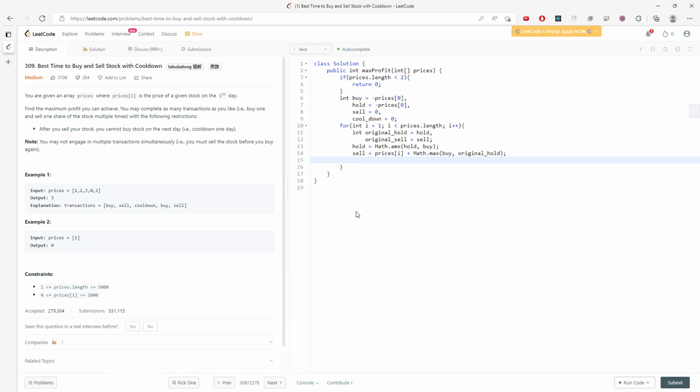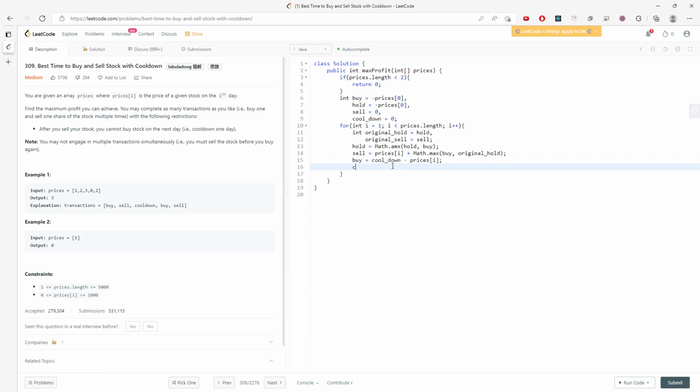And then what else? For the buy, now you can talk about the buy, because this is supposed to be an update for the buy. You will have cooldown minus the price at i. This is the state machine for buy: you get a buy from cooldown. And why do you use negative? Because you are losing money.